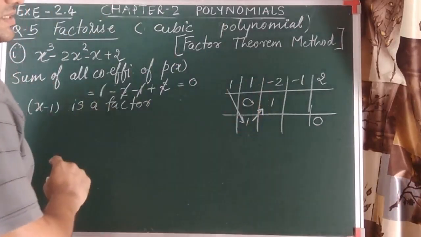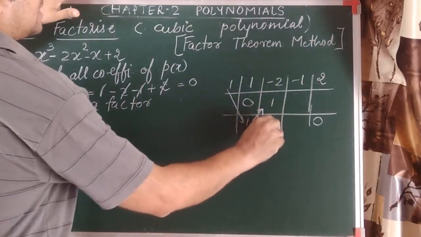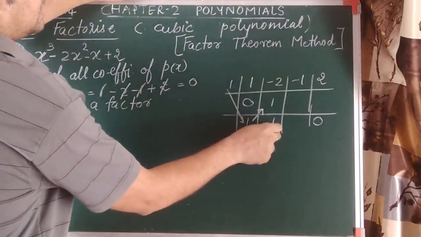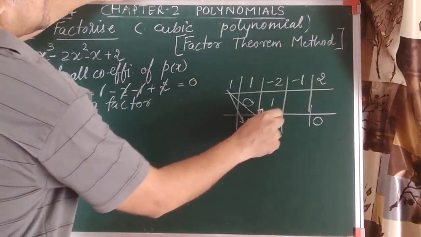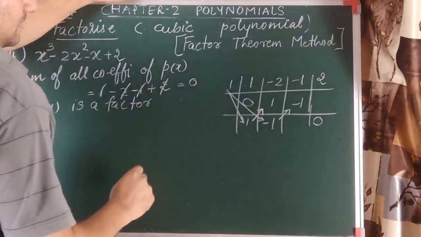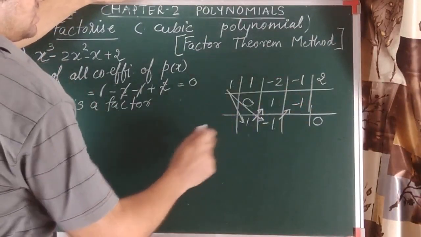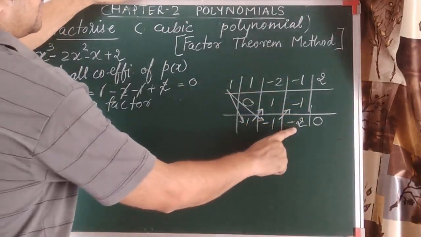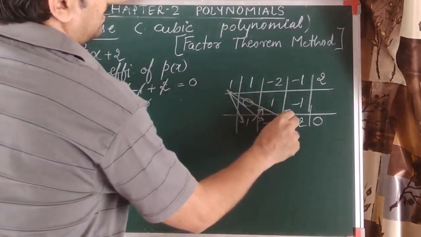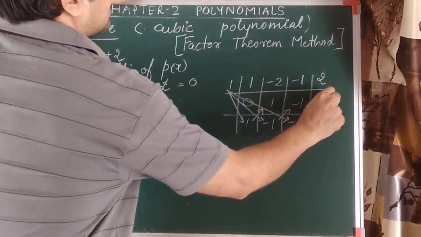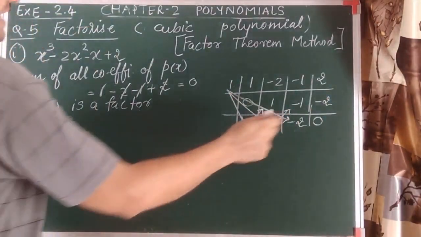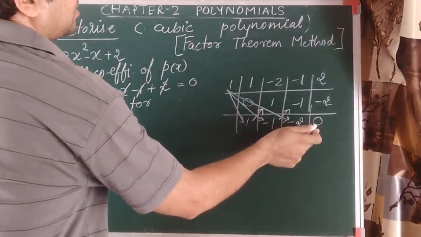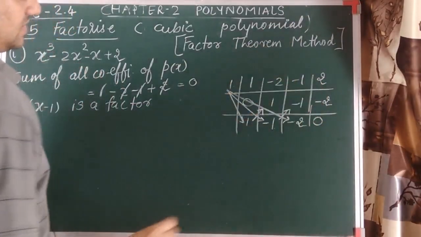Here it is plus and minus: minus 2 and minus 1, 2 minus 1 is 1, with the sign of the bigger number, so -1. Again the same concept: multiply this number with this one. 1 into 1 is 1, plus and minus gives -1. Again both are negative, so addition gives 1 plus 1 is 2, with the sign of the bigger number, that is -2. Again multiply the bottom number with this number: 2 times 1 is 2, and it's -2. So you can see that they are both additive inverses, so we obtain 0. 0 must come here. When will it come? When these two numbers are additive inverses of each other.